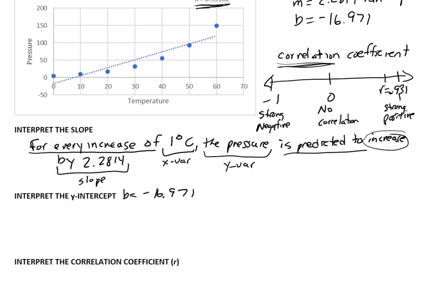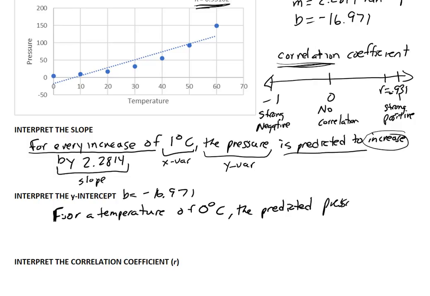For a temperature of 0 degrees, the predicted or expected pressure is negative 16.971.